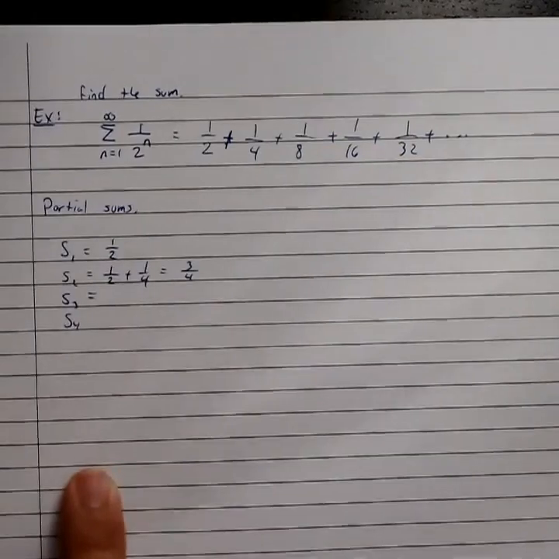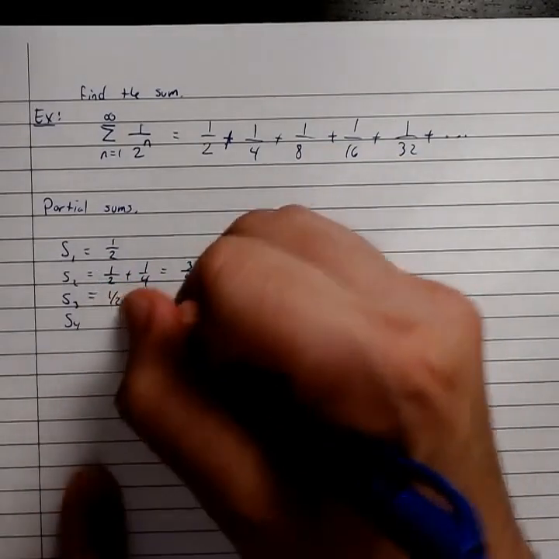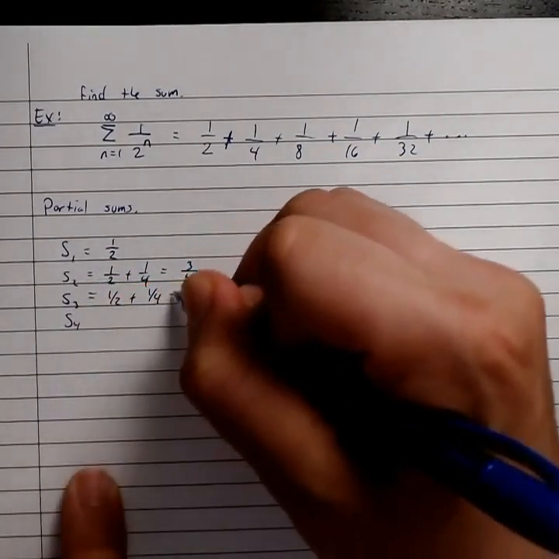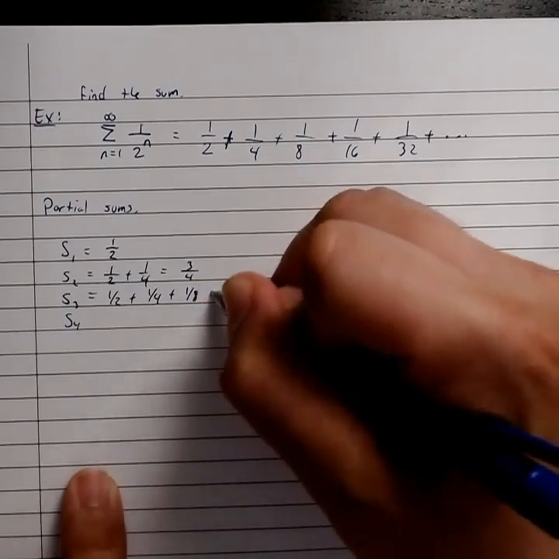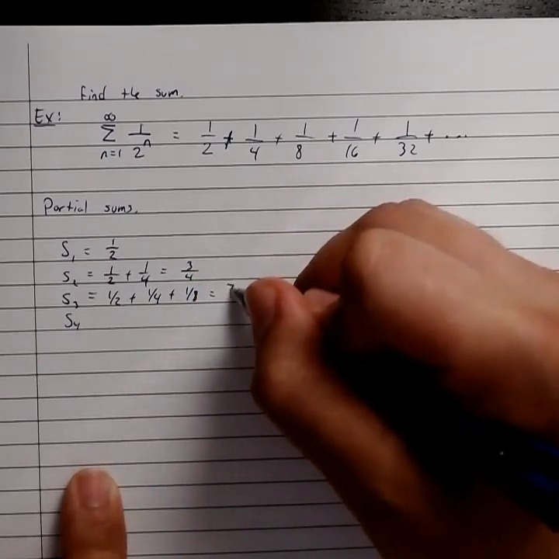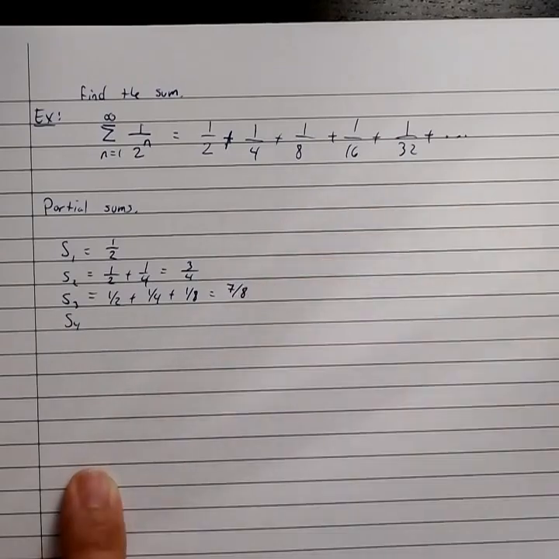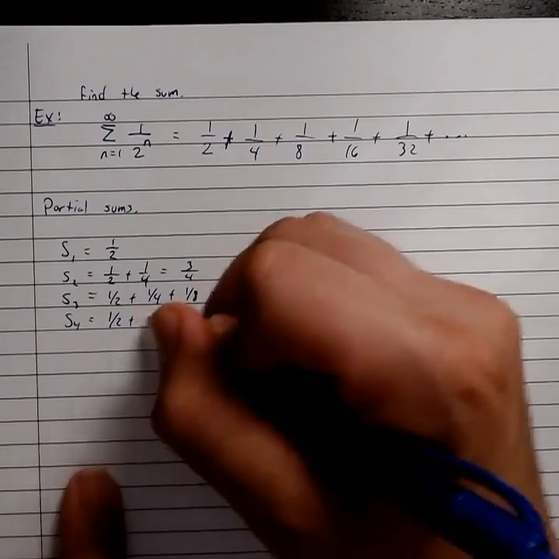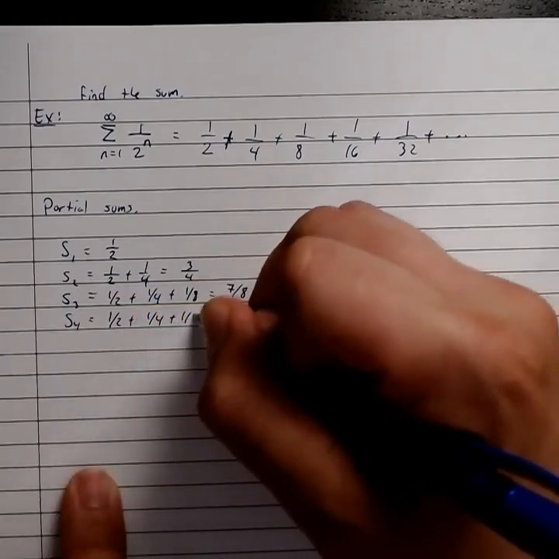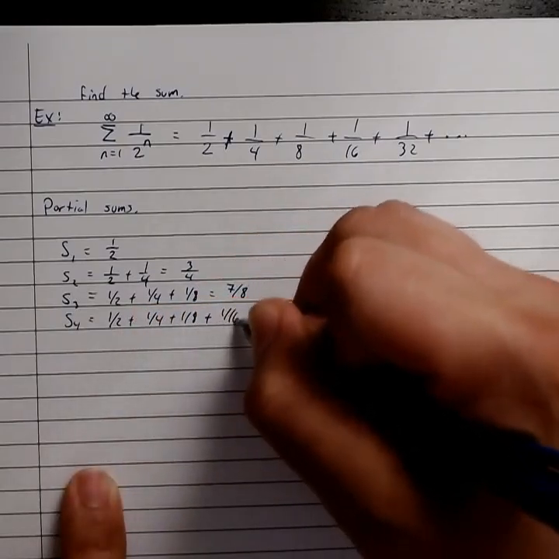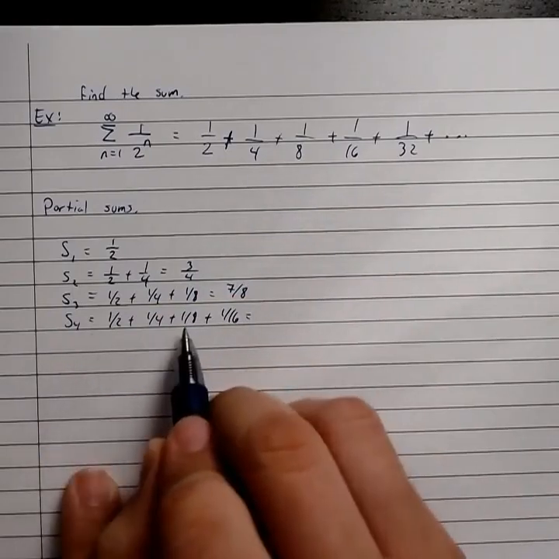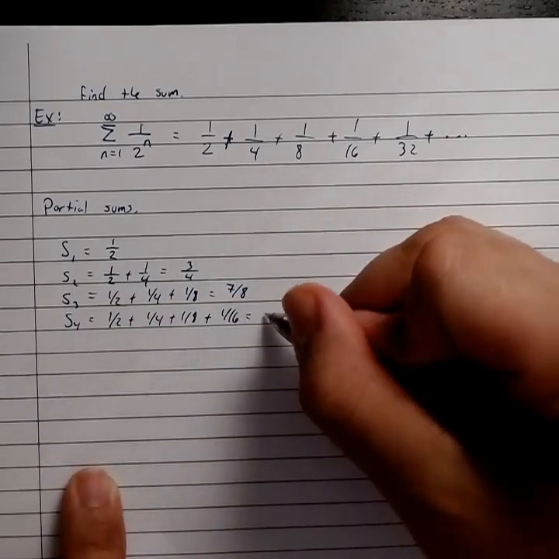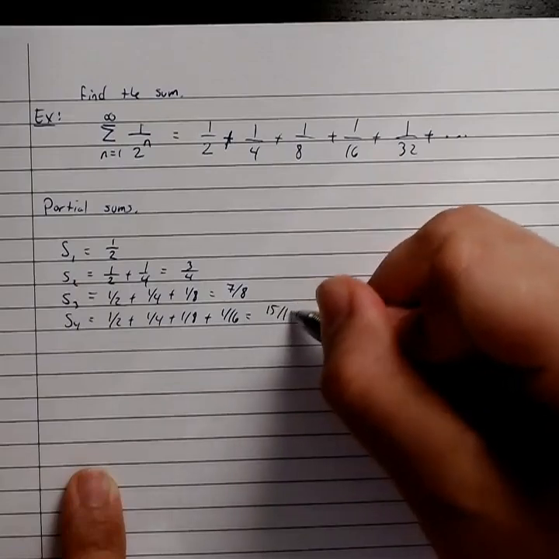S sub 3, that's the sum of the first three terms. 1/2 plus 1/4 plus 1/8. And if I add those together, that's 7/8. And S4, that's going to be 1 over 2 plus 1 over 4 plus 1 over 8 plus 1 over 16, which is 7/8 plus 1/16, and that's going to give us 15 over 16.